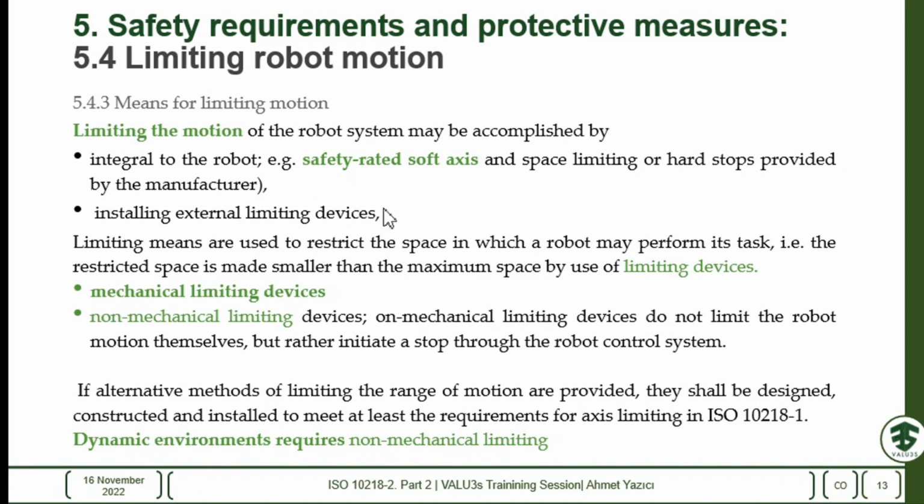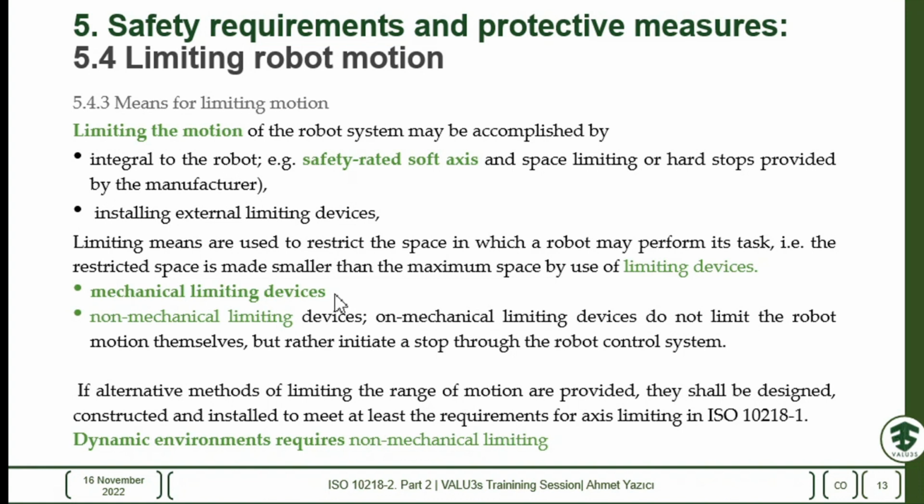There are two methods to realize that. Here, in terms of meaning, it is to restrict the space in which the robot may perform tasks. So the restricted space can be smaller than the maximum space of the limiting devices. So there are two methods.